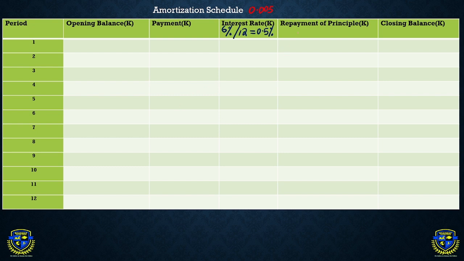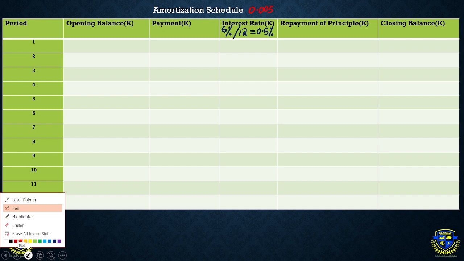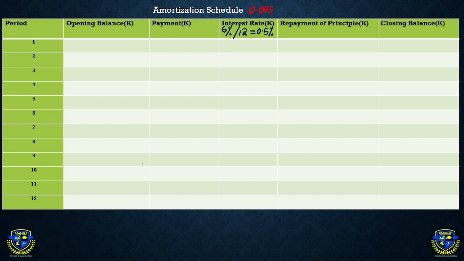Then here we have repayment of principal, meaning the amount that we are taking off from the principal of 70,000, every month, sorry, will be recorded. And also, we need to have the closing balance. Now, the closing balance in period one becomes the opening balance in period two.